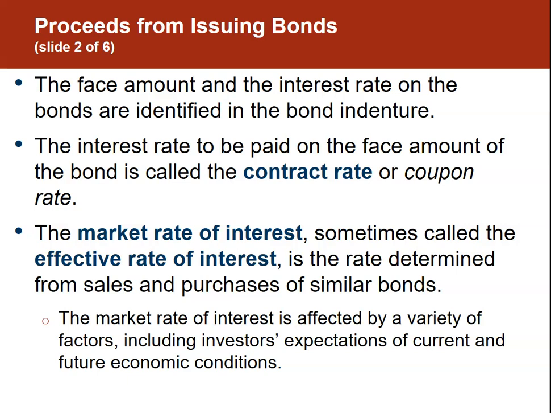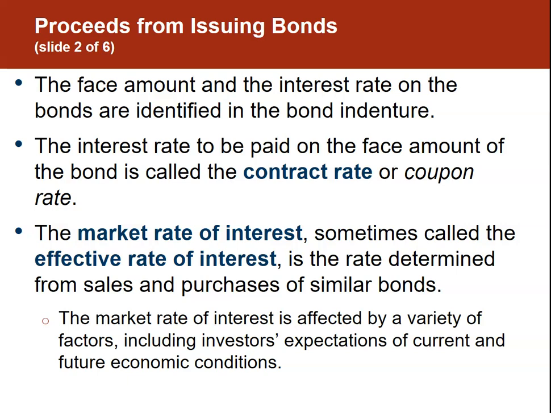So it is very, very possible that we could have bonds printed up with a certain contract rate on those. And by the time we actually go to sell those bonds, the market rate of interest has changed. And when I say there's a very good chance that this will happen, I mean 100% or 99.9%.